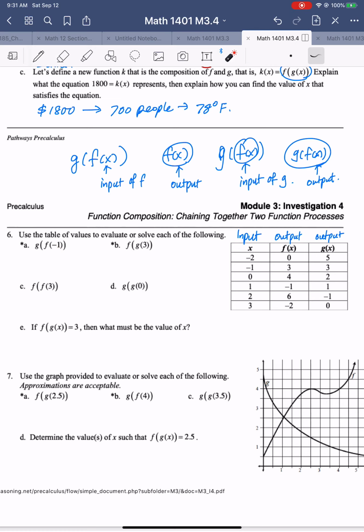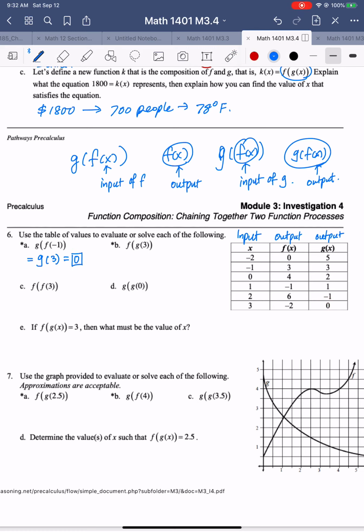You go to -1 and use the f function, which gives you 3. This means it's g of 3, and that 3 becomes the input for the g function. So 3 is here, and you look at the g function to find the output, which is 0. So this is 0.